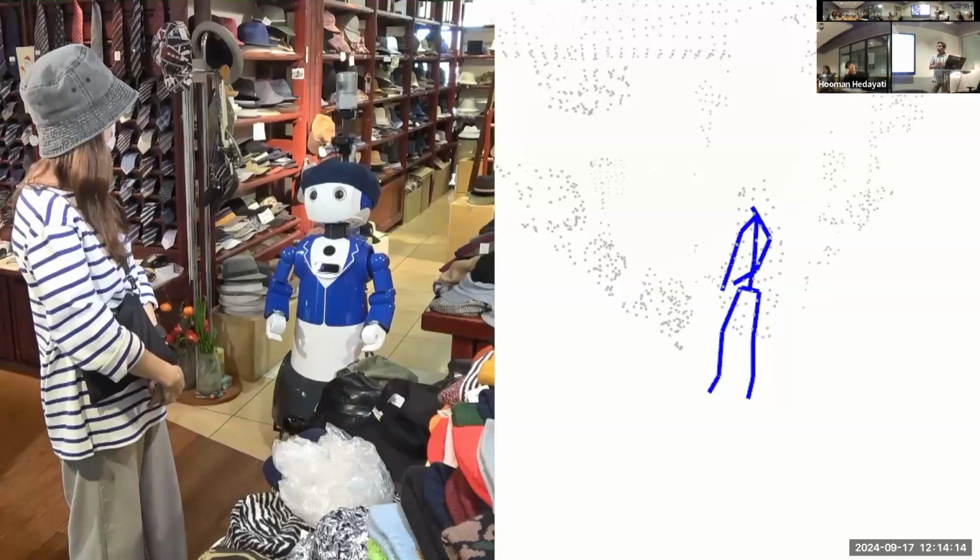But as you mentioned, we were using motion capture and augmenting the person. Now we are augmenting the whole store with multiple sensors, and that is very challenging. So unfortunately, we cannot use the robot in just any environment.